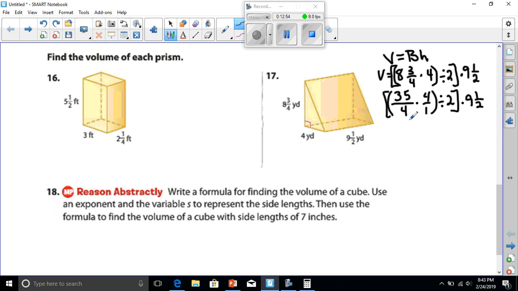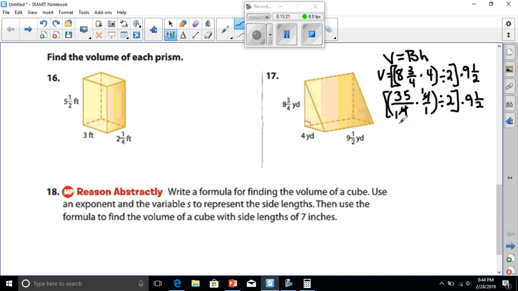All right, well, we know that when we're multiplying, we can take the numbers that are on each side, because I'm dividing by 4 here, and I'm multiplying by 4 here, right? So basically, I can cross these out and put 1 on each. And now I've got 35 over 1 divided by 2.